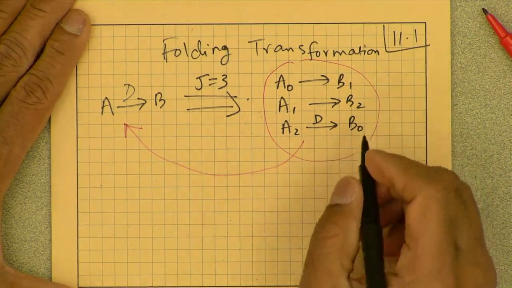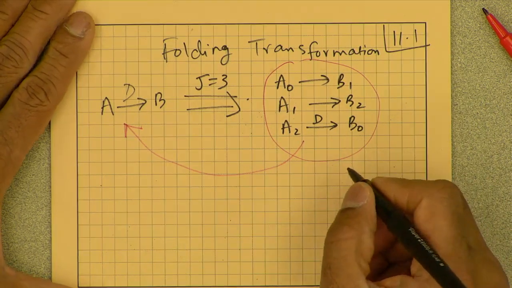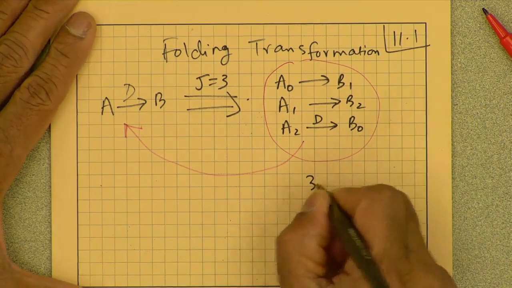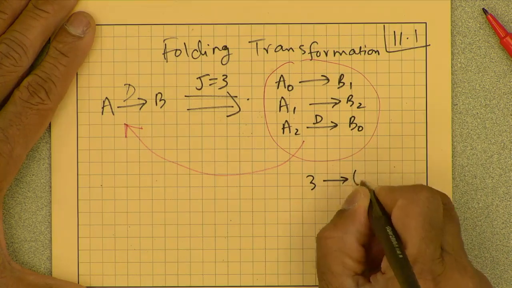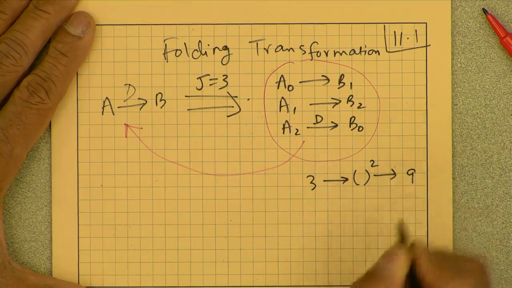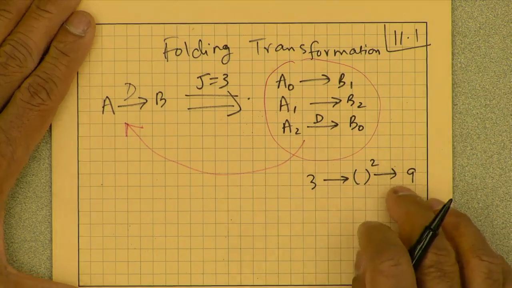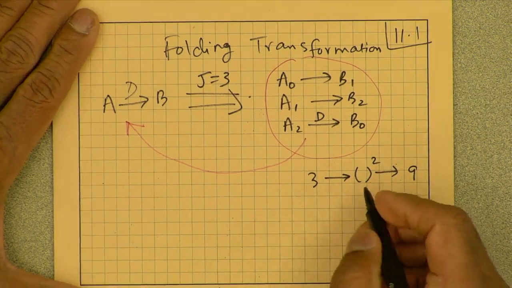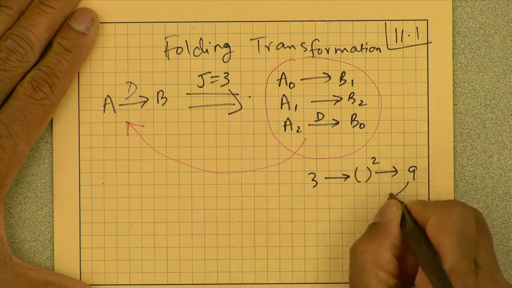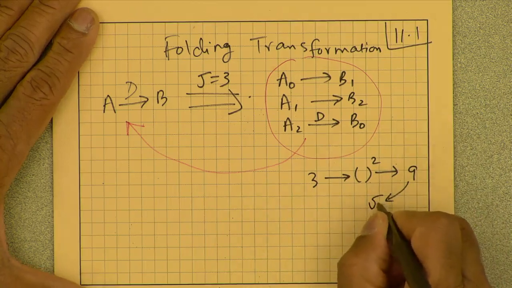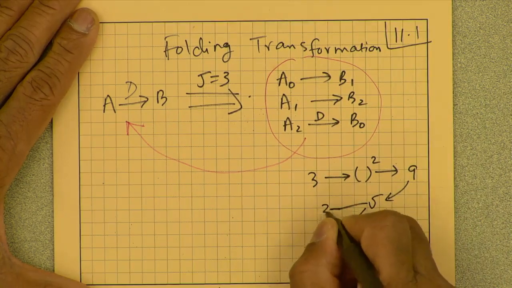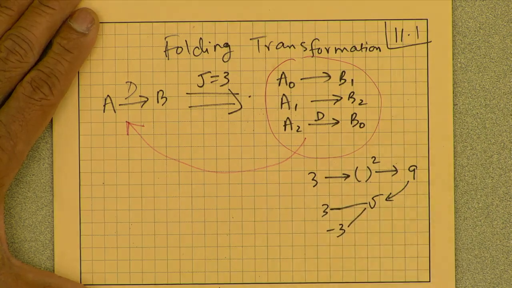That was the motivation. In some sense, if you take a number 3 and take the square of that number, you get 9, and you begin asking, I can take the square, but if I take the square root, can I get that number back? Well, if you take the square root, you get 2 numbers back, 3 and -3.